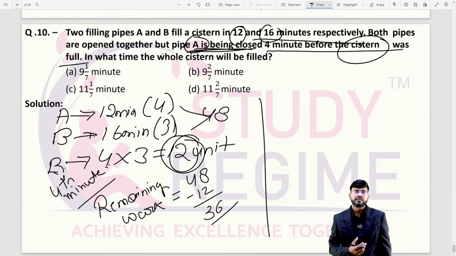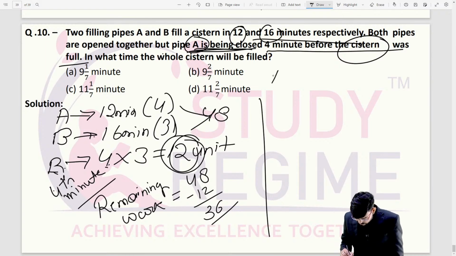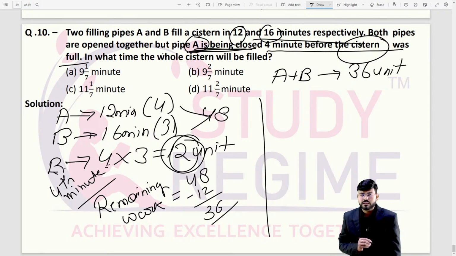It still has to be done, and this work was already done by whom? When both the pipes were working together. This work has to be done by whom? When both the pipes were working together, because in the question it is given that both pipes are opened together.